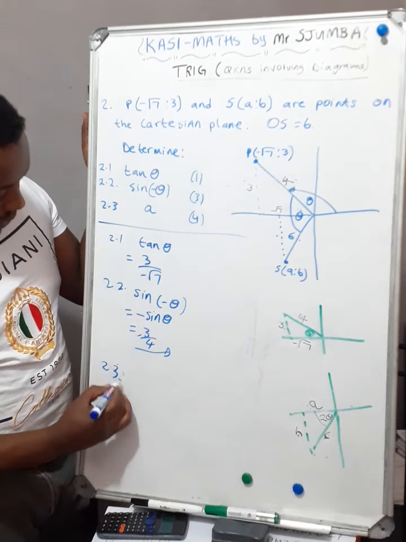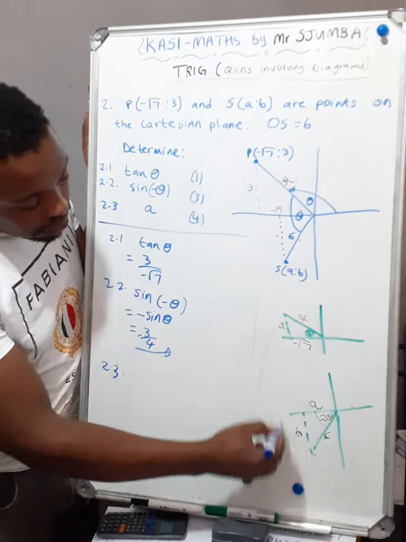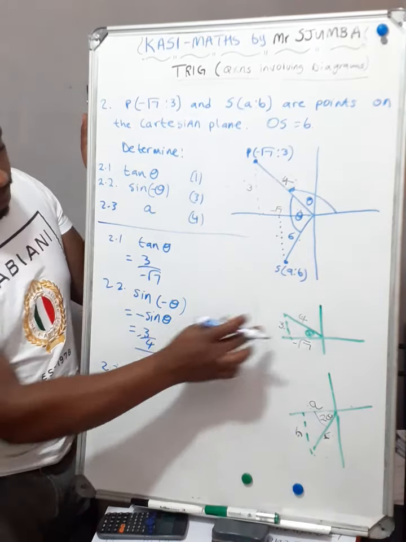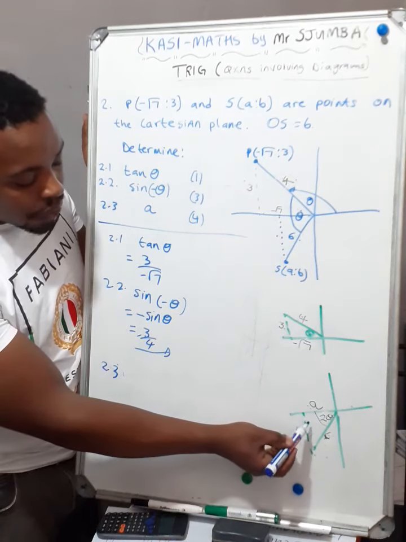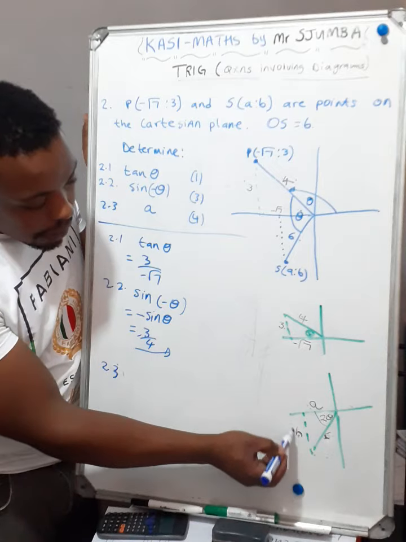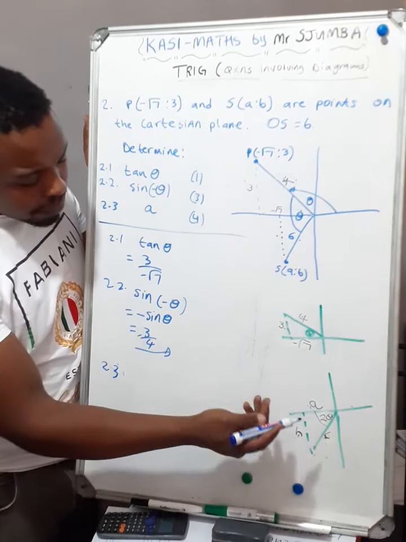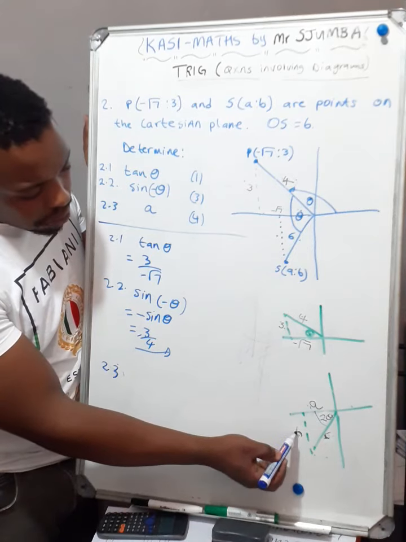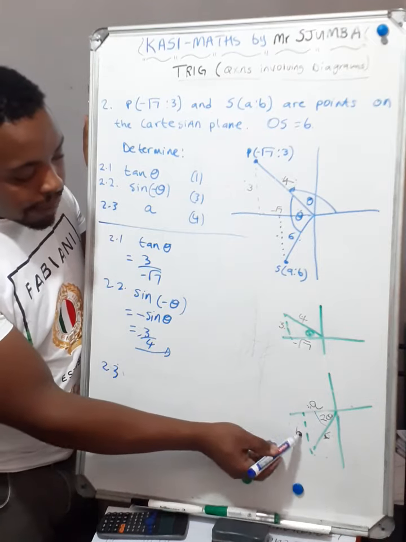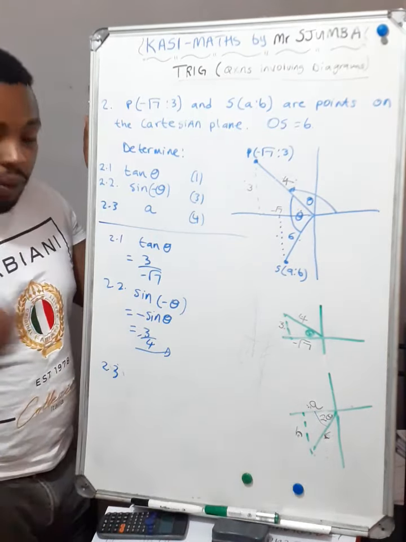So for 2.3 we must find a. Now we're going to use this diagram together with this one. We cannot choose sine, since sine 2 theta will be opposite over hypotenuse, b over 6, which has no a. Tan is opposite over adjacent, b over a, but b is unknown, so we must use one with only the unknown a.